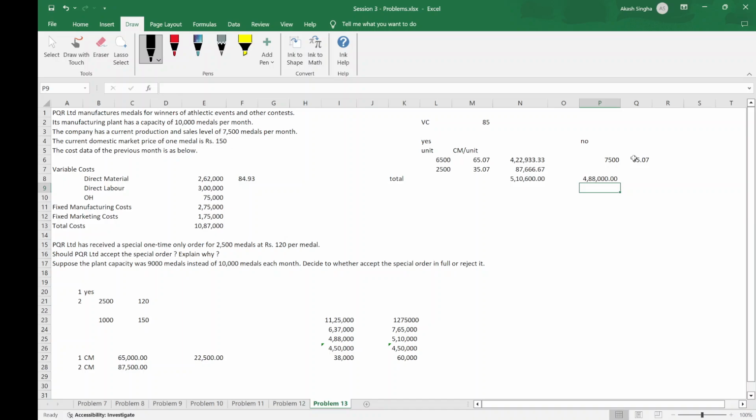Why do I feel like I have done something wrong? So this much extra they will earn, 22,000. Yeah, I have done it right. So this much extra we will earn. It's done just by calculating this. I don't think we have to do all these things also.